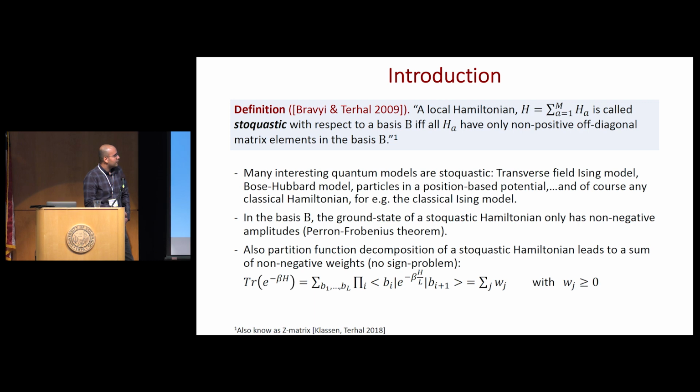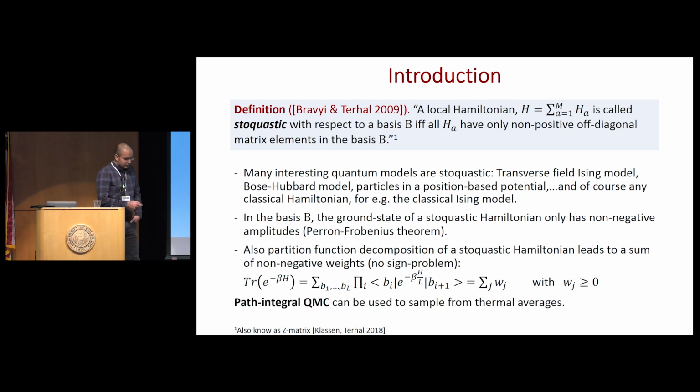This special property, that they don't have positive off-diagonal elements, means that these weights would be positive. So one can use path integral quantum Monte Carlo to do importance sampling and sample from thermal averages.